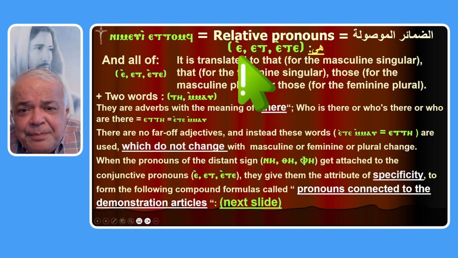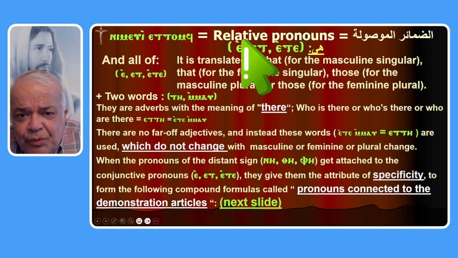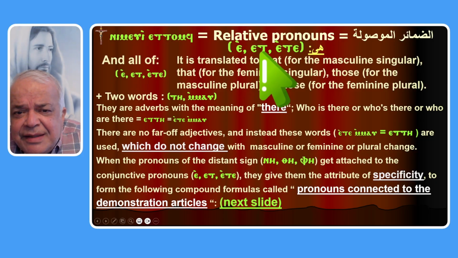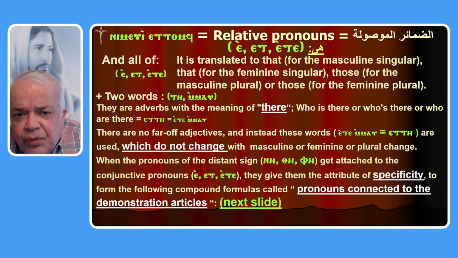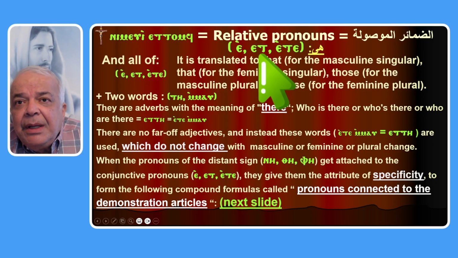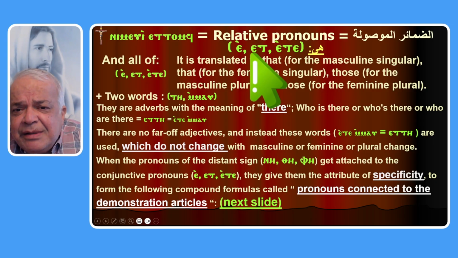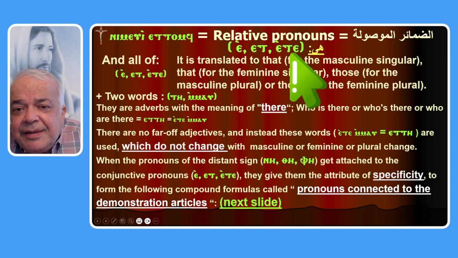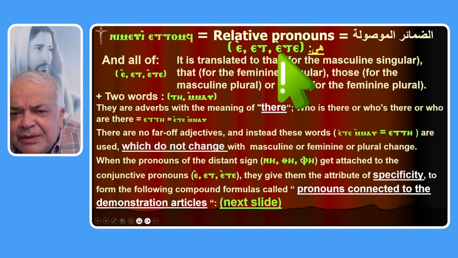Those are presented by a jenkem, which is the article of object, et, which means the, this, those, these, all these words that mean demonstration. Et is a word that includes both of them. So ete, it becomes ete.